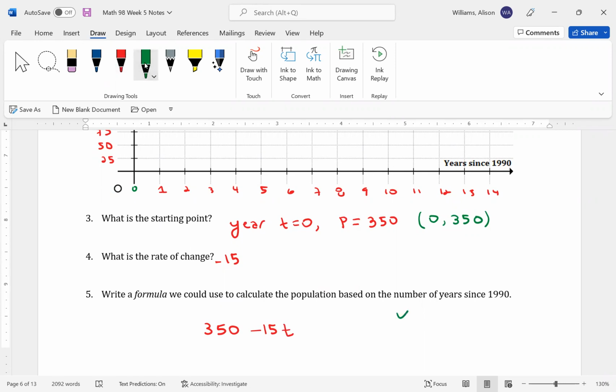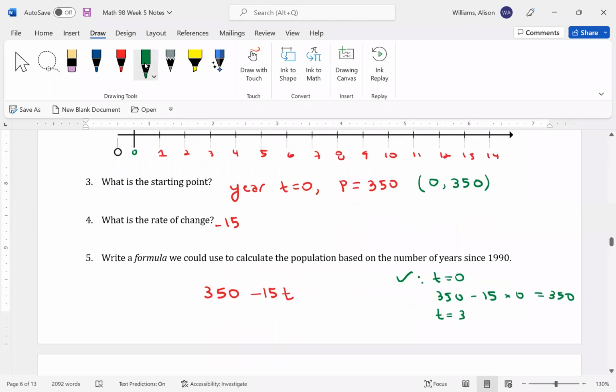Let's make sure the formula works, okay? In year 0, when t equals 0, if I plug 0 in, I'm going to get 350 minus 15 times 0, which is just 350 if you plug that into your calculator. In year 3, let's pull year 3. Year 3, it would be 350 minus 15 times 3, which would come out to 305.